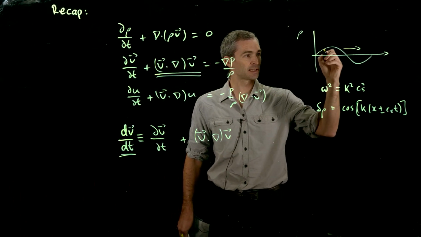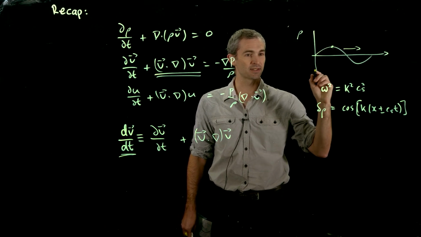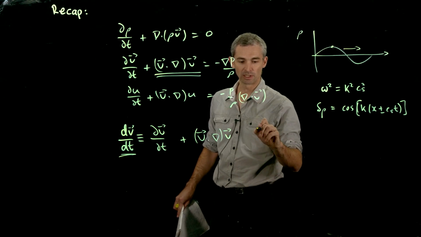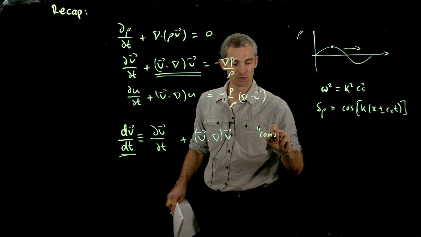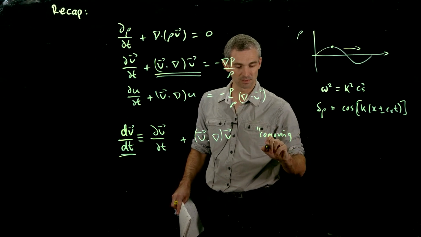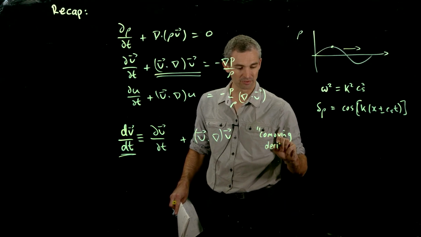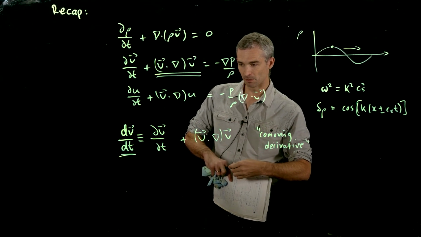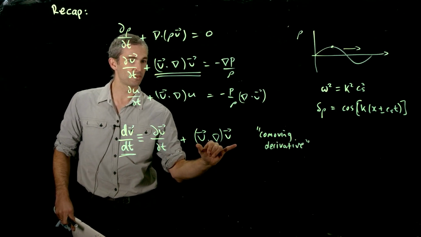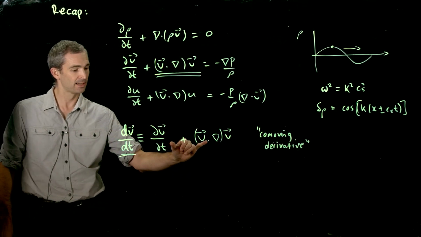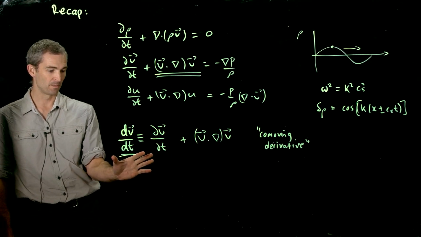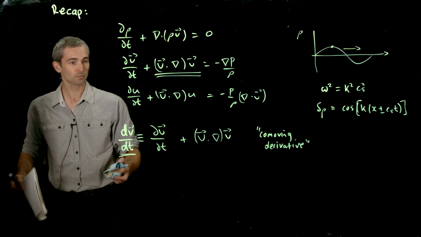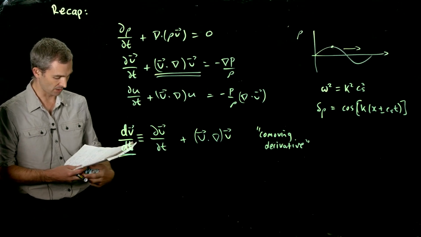It's the derivative for something that's moving with the fluid, so we call it a co-moving derivative. This is going to give us insight into the nonlinear behavior, because we can understand what this v dot grad v term does by thinking about what happens in a Lagrangian sense when you're moving with the fluid.